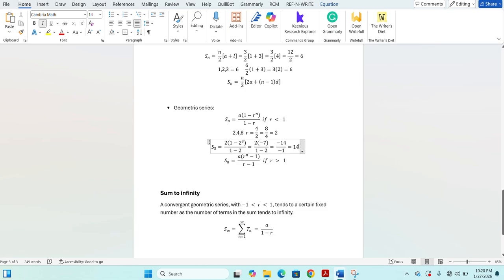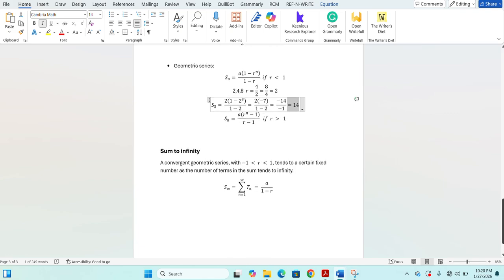So now you know how to use the geometric series formula. So let's see what we need.